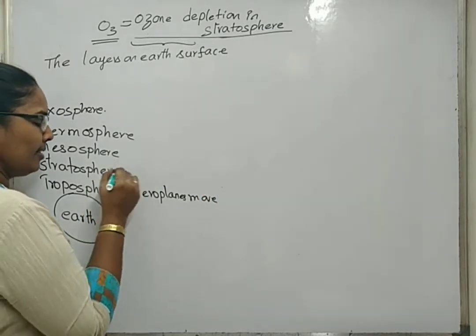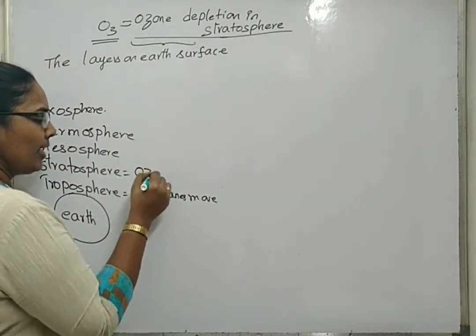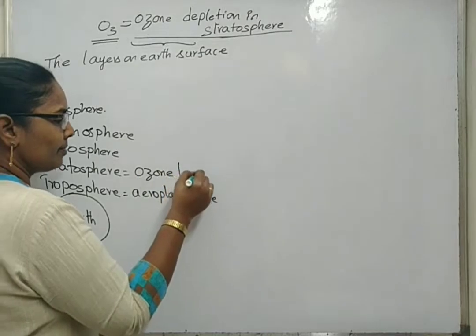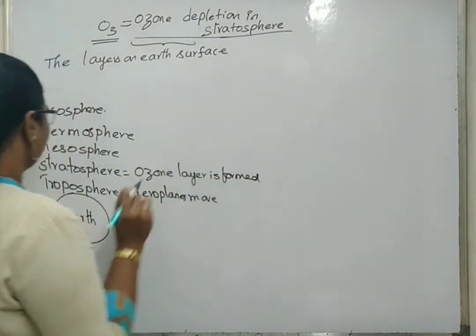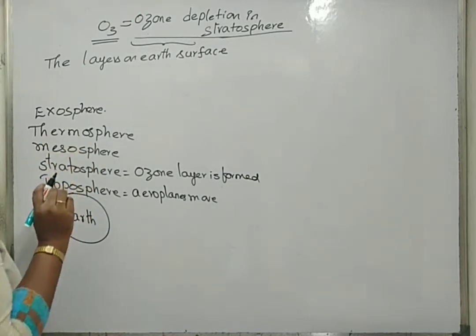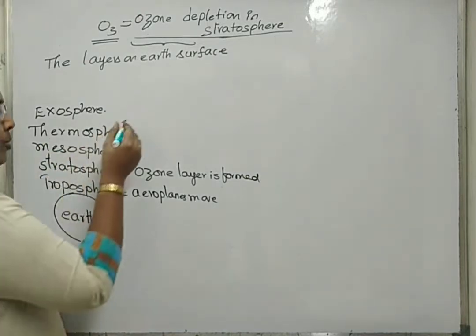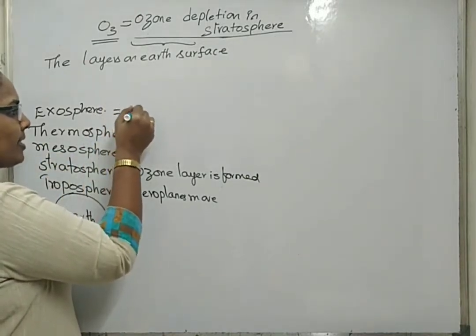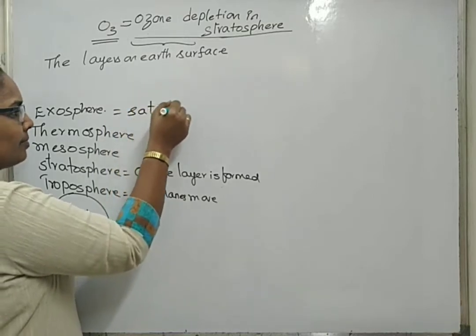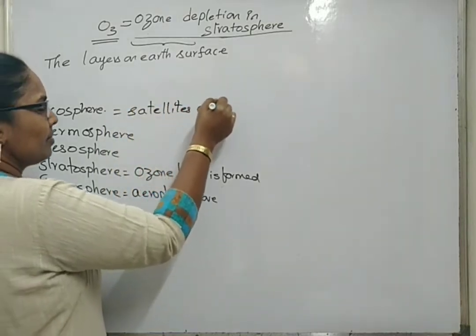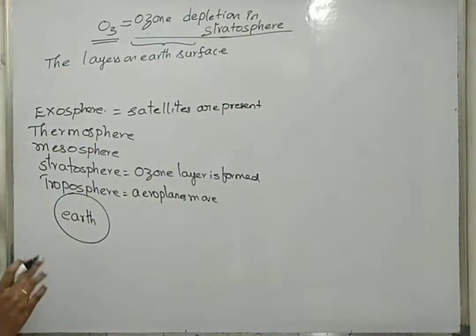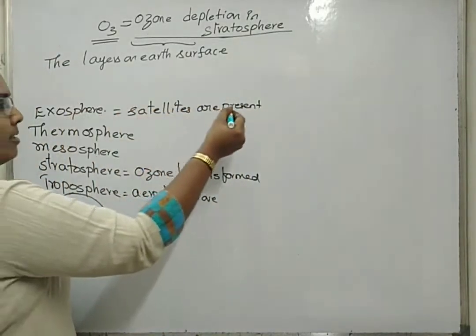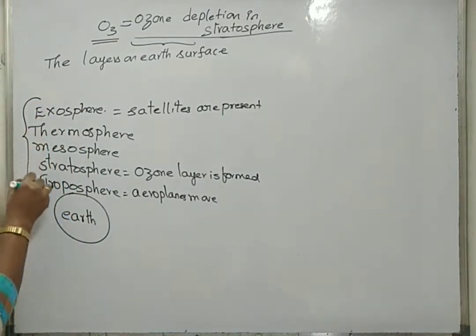The stratosphere is the layer where the ozone layer is formed. The exosphere is the layer where satellites are moved. So these are considered as atmospheric layers.